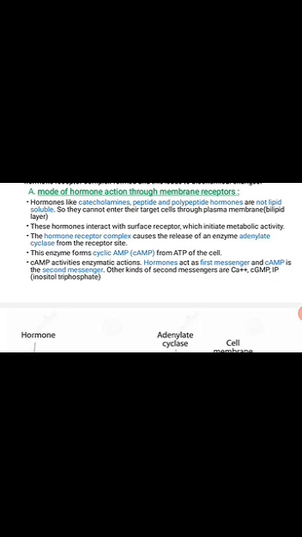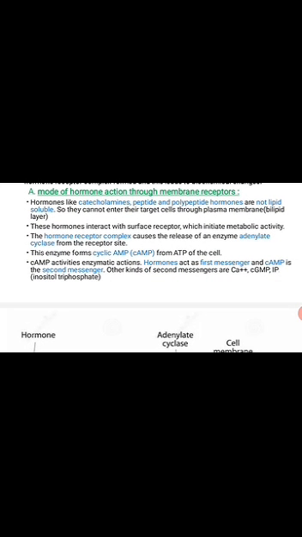So what do these hormones do? Because they are not lipid soluble, they do not enter the plasma membrane, so they interact with the surface receptor, which initiates the metabolic activity. The hormone-receptor complex causes the release of the enzyme adenylate cyclase from the receptor side.